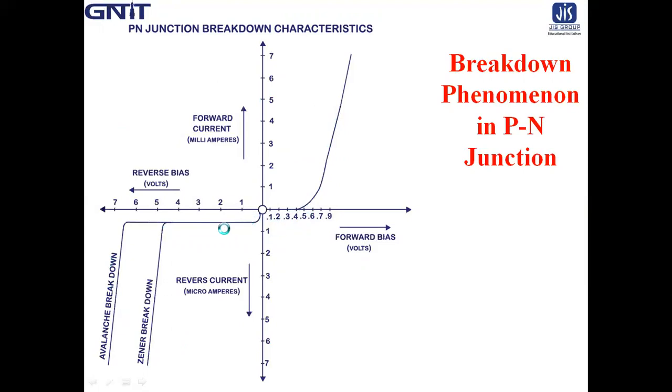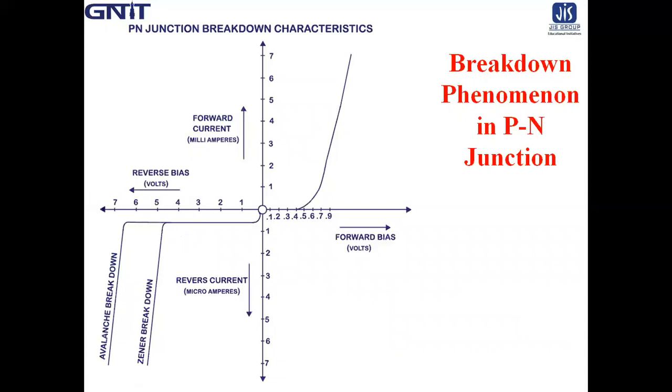Now see, when a PN junction is in reverse bias, then a small constant reverse saturation current due to thermally generated minority carriers flows through the diode.